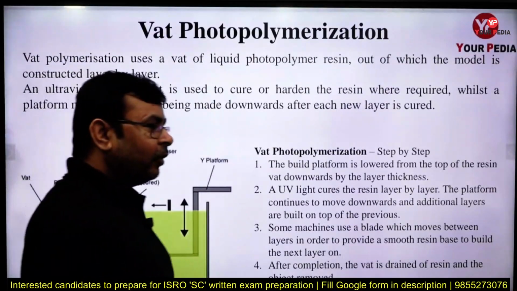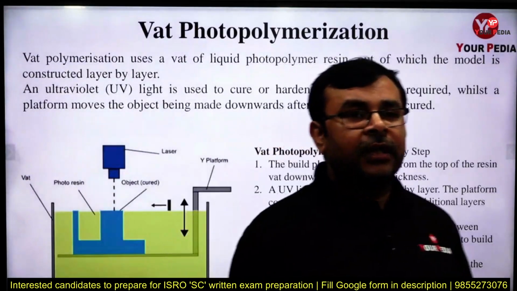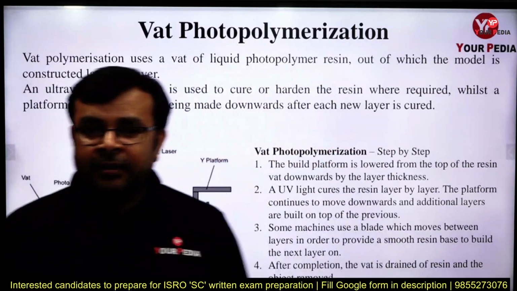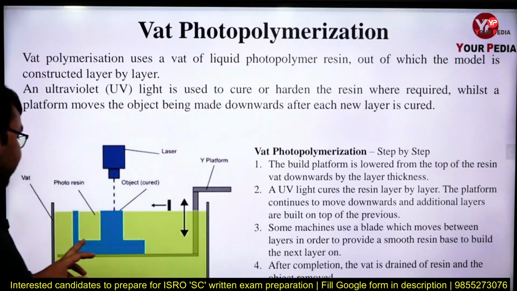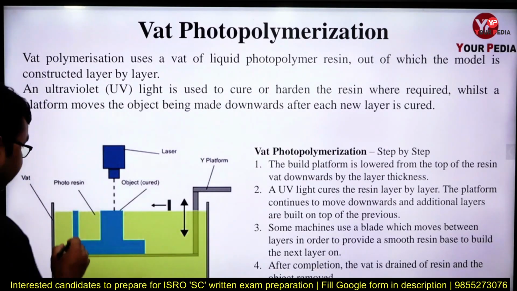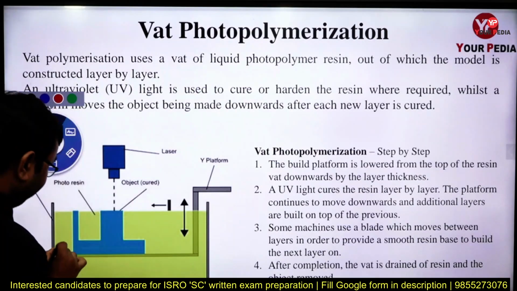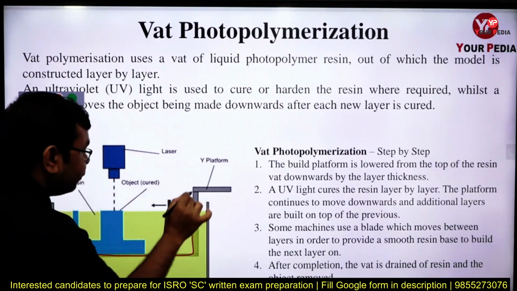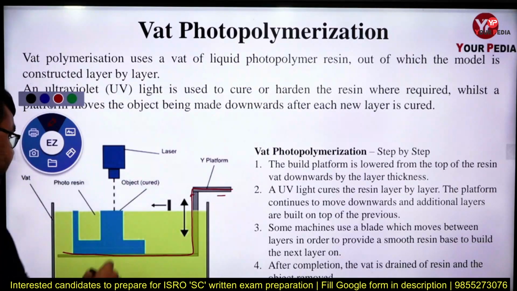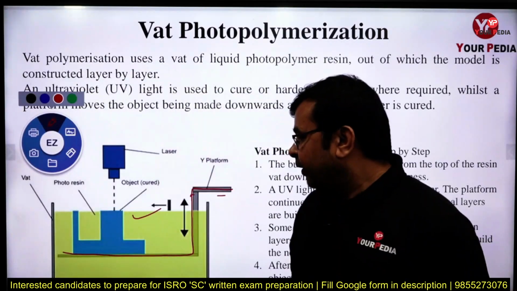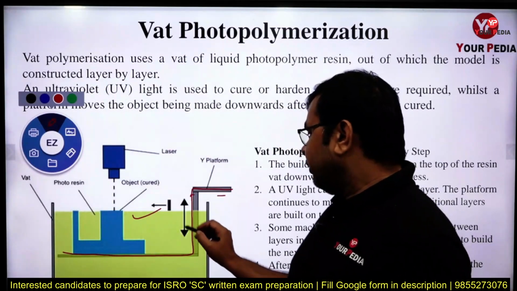Now, first if we talk about the wet polymerization process, then obviously in this process we use a polymer, correct, a wet polymer. Now you can see here, this is the build platform. First we see how this process can be performed. So, this is the build platform, and this is the resin which is solidified according to the shape of the object, correct.